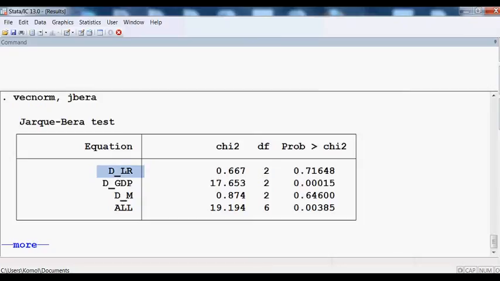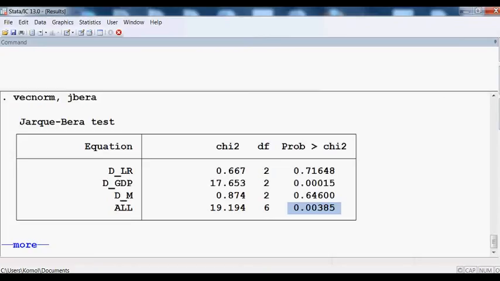But when I consider all, that means the whole system, I see that the p-value is less than 5%, meaning that the residual is not normally distributed, and that is not desirable.